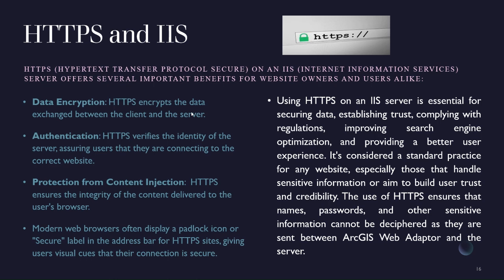It's considered a standard practice for any website, especially those that handle sensitive information or aim to build user trust and credibility. The use of HTTPS ensures that names, passwords, and other sensitive information cannot be deciphered as they are sent between the web server and the clients.